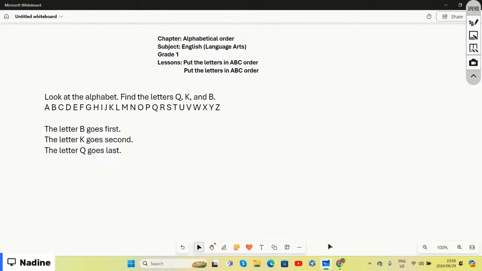All right, so our chapter is alphabetical order, our subject is English Language Arts, grade 1.